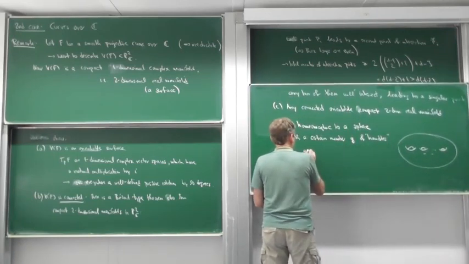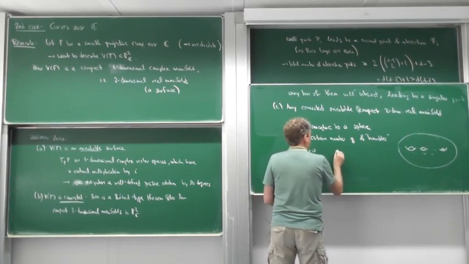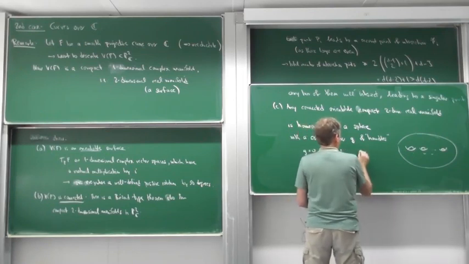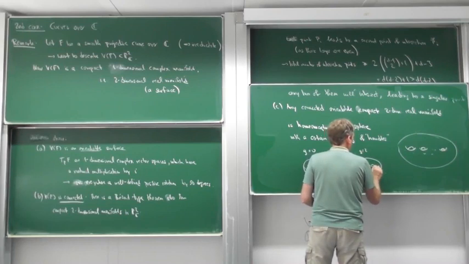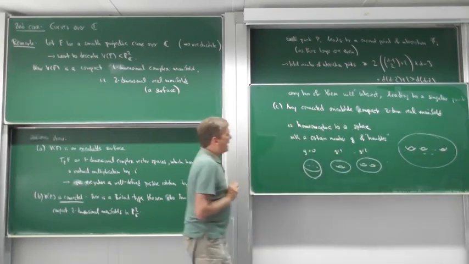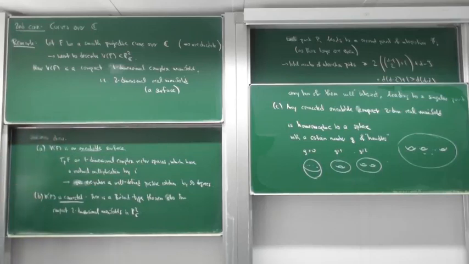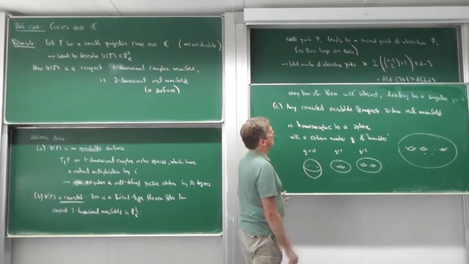For G equals 0, we have an actual sphere. For G equals 1, we get the standard donut. And for G equals 2, we have a donut with an additional hole punched in, and so on. That's again a statement from topology. It's intuitive to a certain extent, but it clearly needs a longer proof.